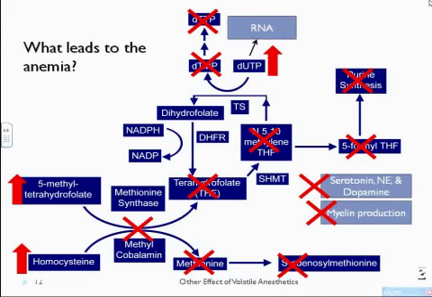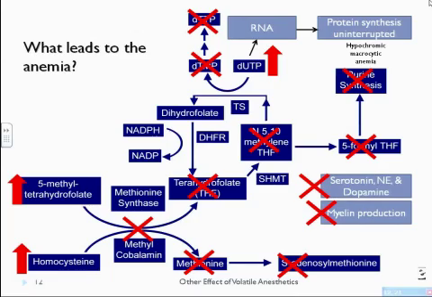What eventually will happen is your UDP levels begin to increase, and your RNA production will increase as a consequence. And this will lead to protein synthesis that's uninterrupted in these individuals, but still with inadequate levels of hemoglobin. As a consequence, you develop what's called a hypochromic macrocytic anemia.